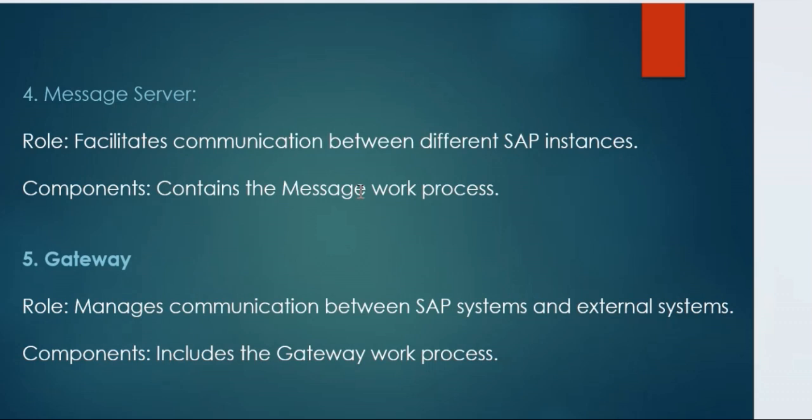Let's take an example. Suppose we have Amazon. Amazon is connected with Samsung, Sony, and LG, and then they can run their business. For example, the communication between SAP and non-SAP, and non-SAP to SAP. In that case we need the gateway server.